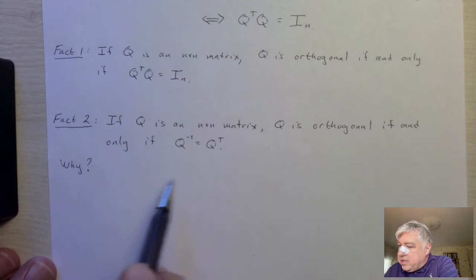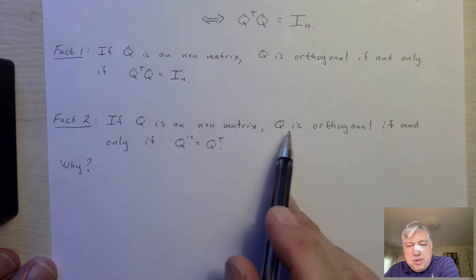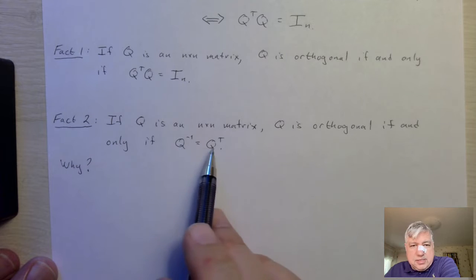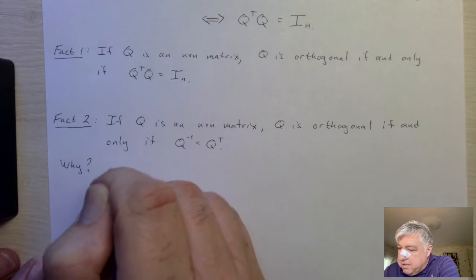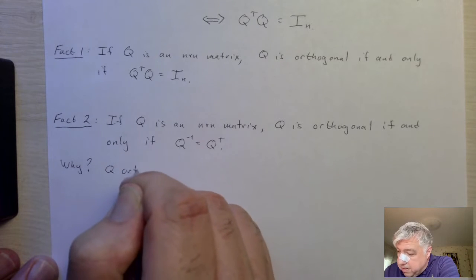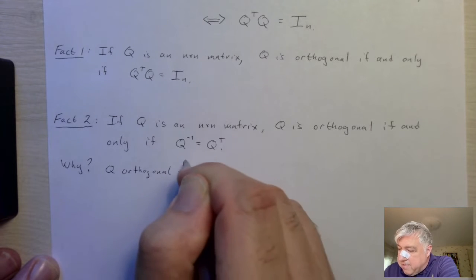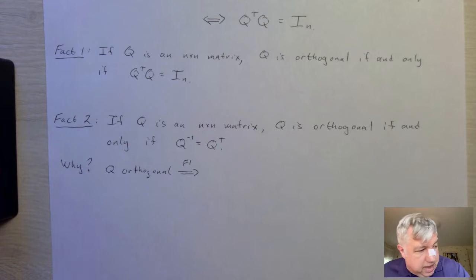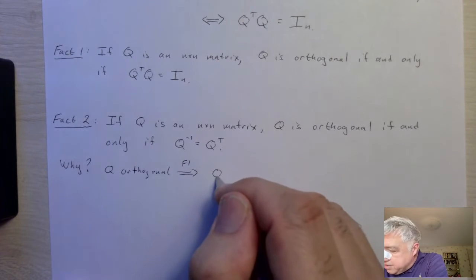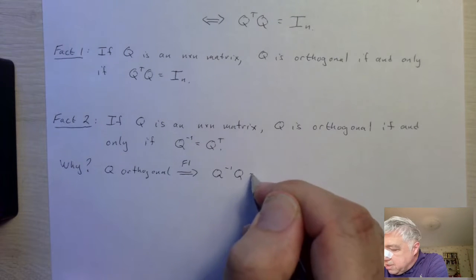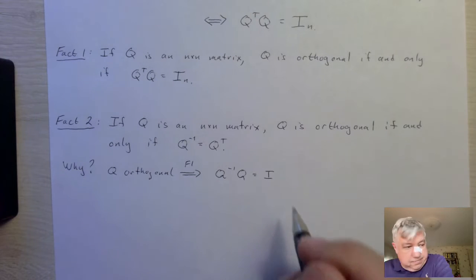So we're going to show that Q being orthogonal implies this. If Q is orthogonal, from fact 1 we get that Q transpose times Q is equal to the identity.